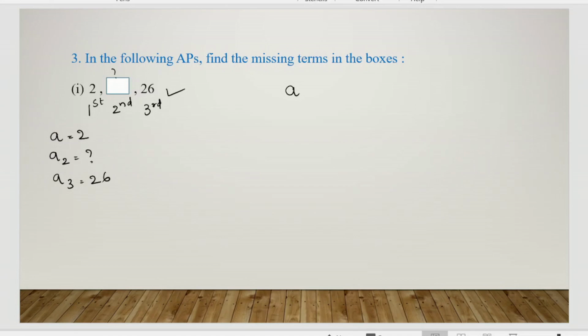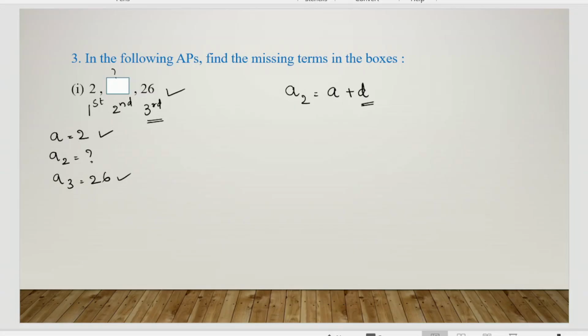If we want to find the second term, we will add common difference to the first term to get the second term. Here we do not know what is the common difference. So by using the first term and the third term, we will try to find the common difference and the second term of an AP.